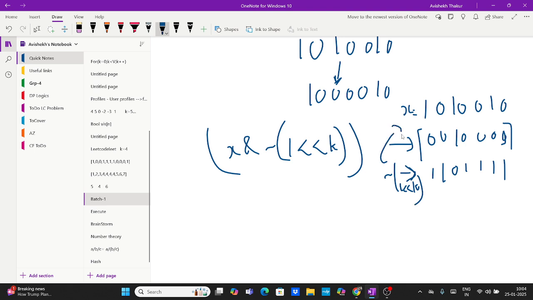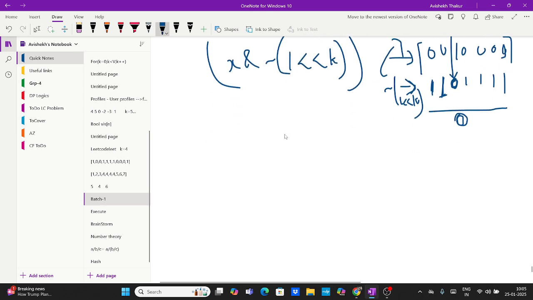Now if you do AND, you can see this bit will always become 0 because there is a 0 here. So we want to turn off this bit, right? And for the others, since you have 1, the result will always be the same bit as x. Okay, are you clear?